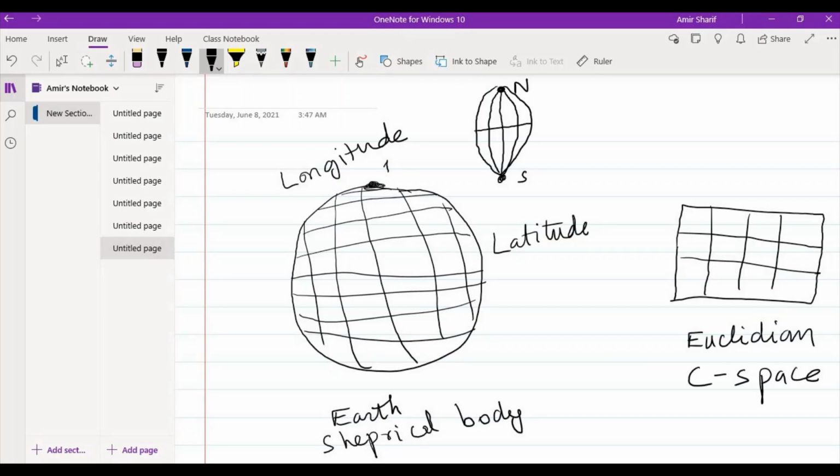So this is something we don't experience in our Euclidean C-space or a rectangular space. These spherical, bent or curved types of spaces will always have this problem that the rate of change of the coordinates is not the same for all locations. If you are on the equator, in the middle of the sphere, you have to travel more distance, but as you move toward the north, you have to travel less distance.